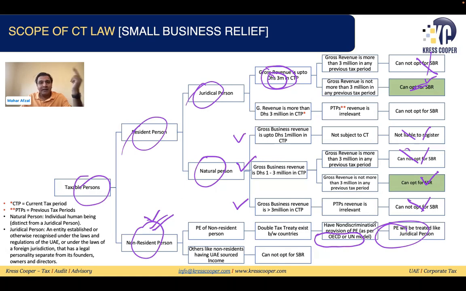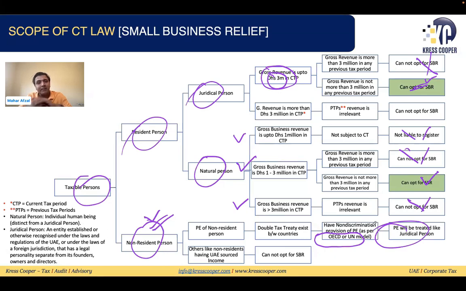Second, in the treaty there is a clause, as per the OECD or UN model, which states that there is no discrimination for the PE. If this is the condition, then the PE of the non-resident person, upon satisfying the related conditions, can opt for the small business relief as well. Otherwise, they cannot opt.